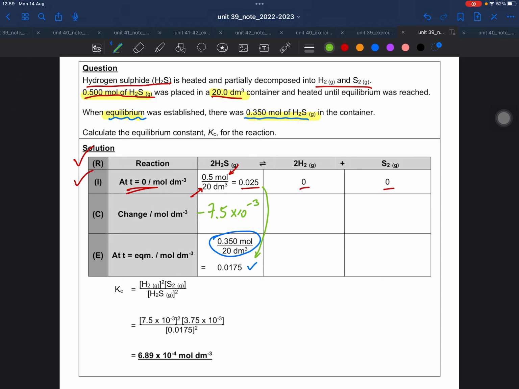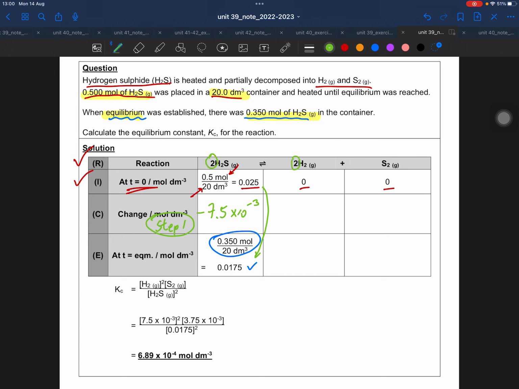The change is dropping, sure, right? So here shows step 1. Please help me write down the change for all species in terms of the mole ratio.